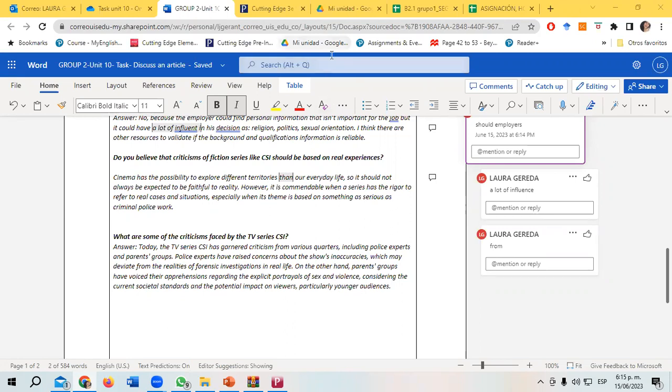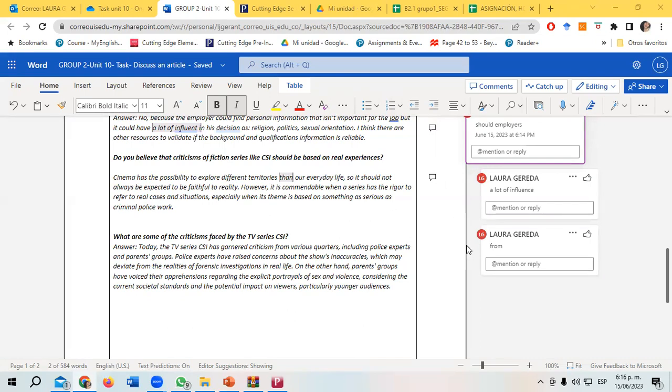Police experts have raised concern about the show's inaccuracies, which may deviate from the realities of forensic investigation in real life.